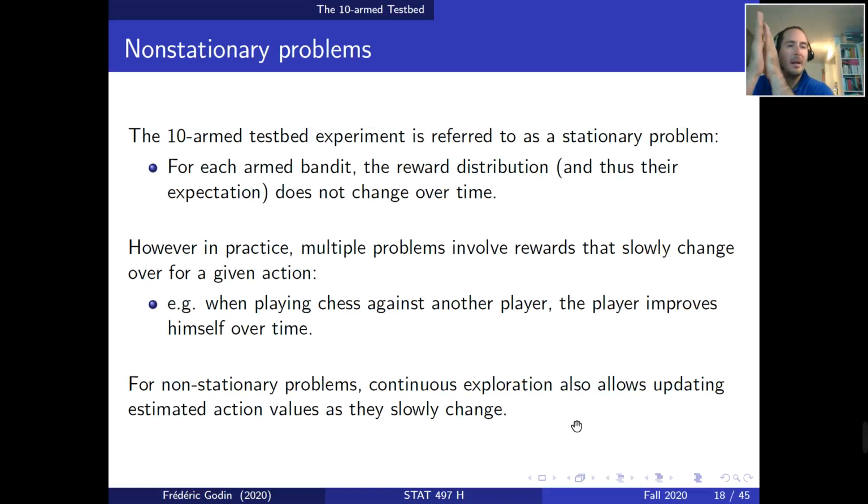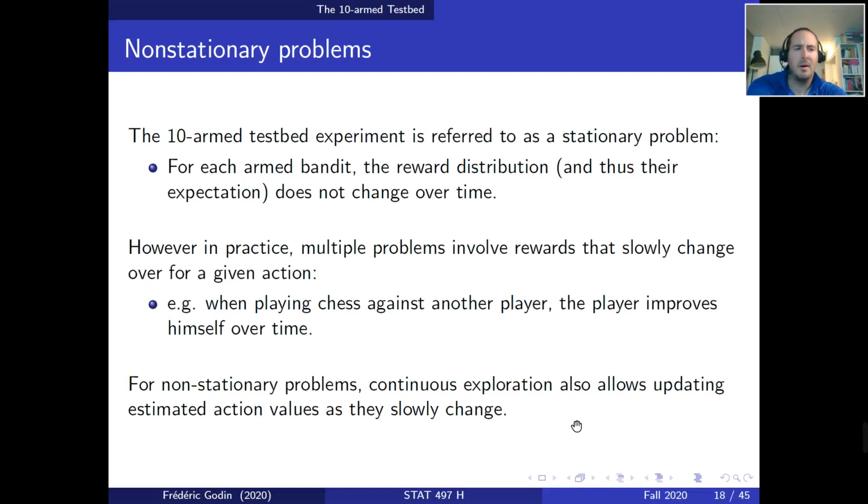Okay, so at play 1, play 2, play 3, play 4, etc., until play 1,000, all levers keep the same expected rewards and even the same distributions for their reward. However, we're going to see that in reinforcement learning, we often face problems where the reward distribution changes through time.